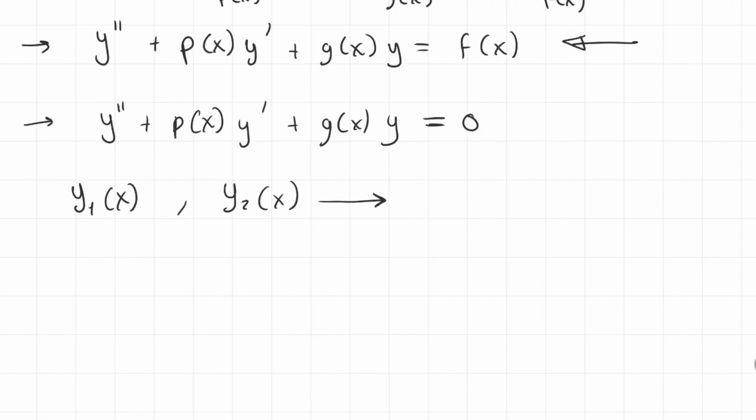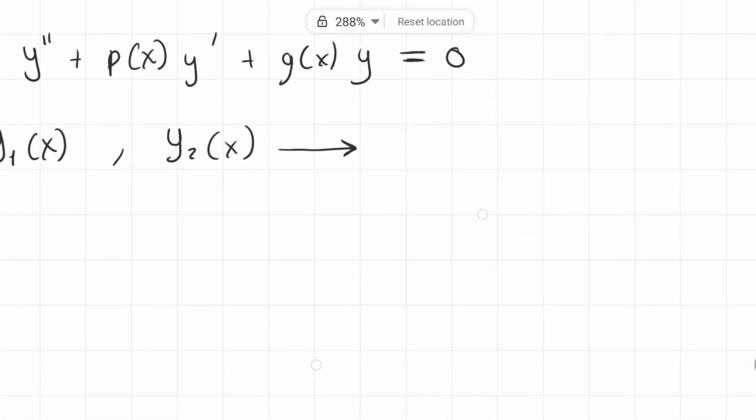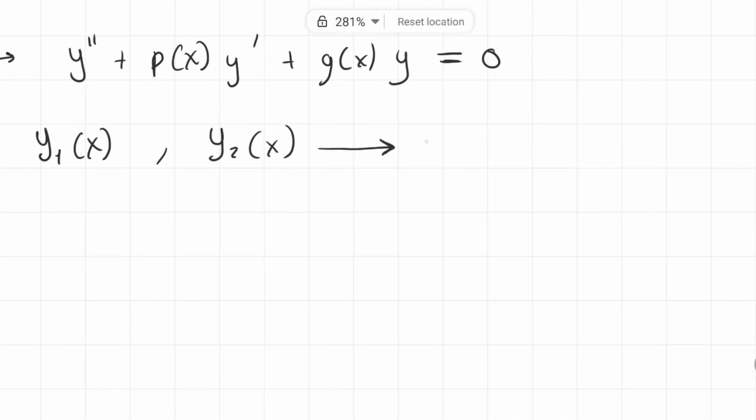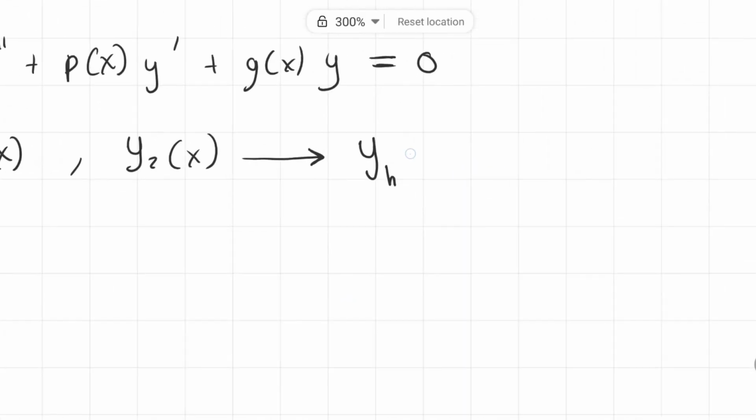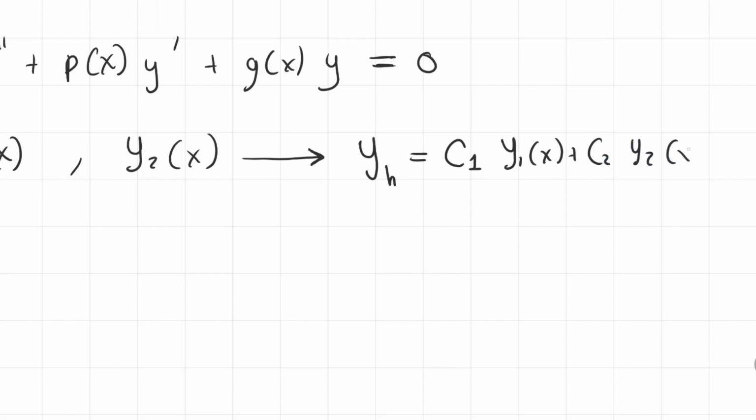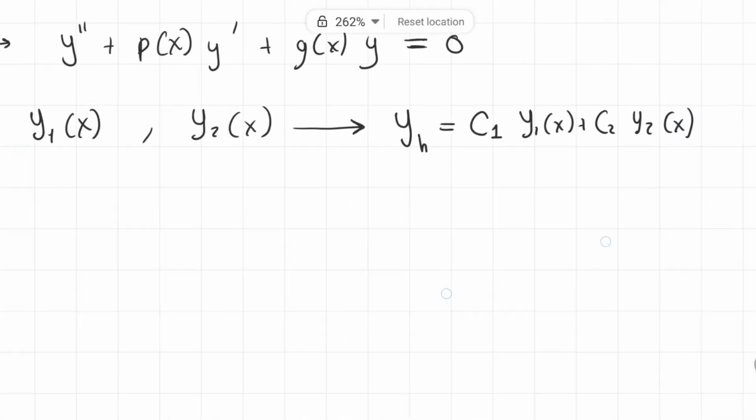So we can establish a solution that is going to be named y sub h, where h is for homogeneous, defined as a constant c1 times y1 of x plus c2 times y2 of x. Okay?